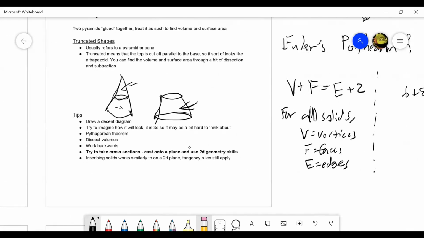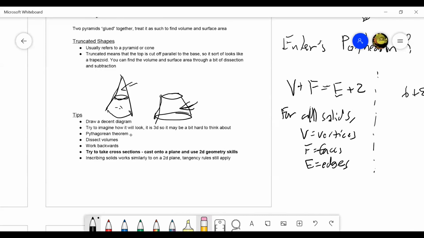And time for my tips, I guess. So the first one would be draw a decent diagram. What that means is just make it look somewhat three-dimensional so that you can see how everything fits together. Usually the hardest part about these types of problems is just visualizing everything. So if you can get a diagram that helps you visualize it, that is half the problem done already.